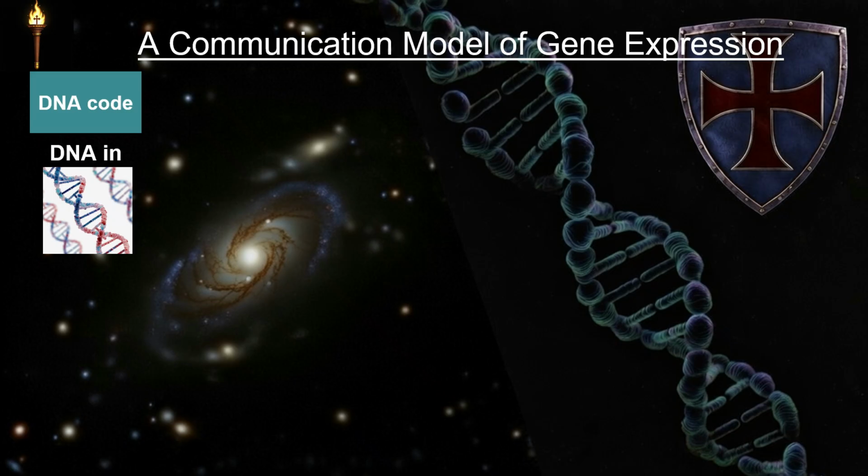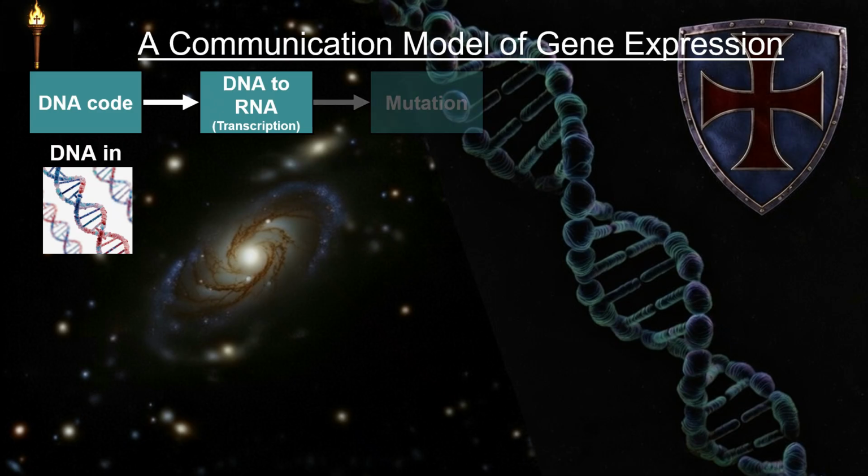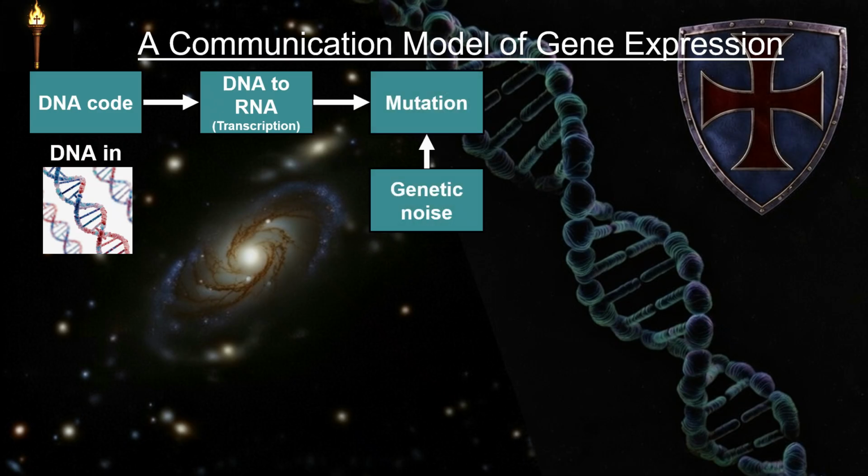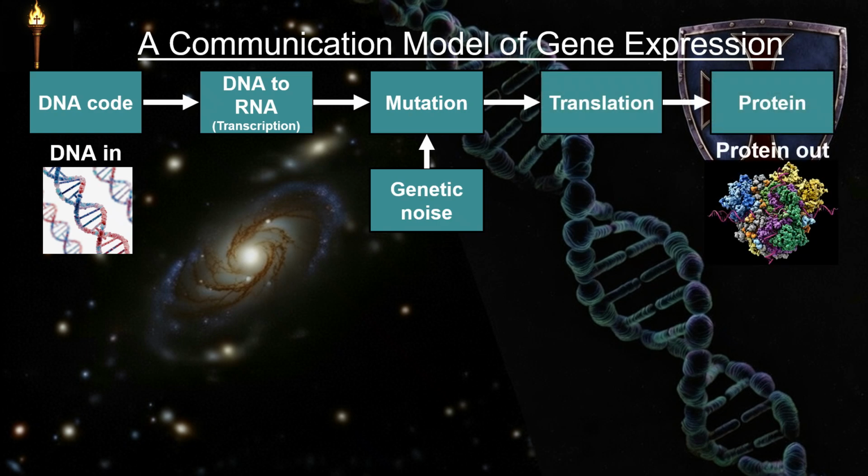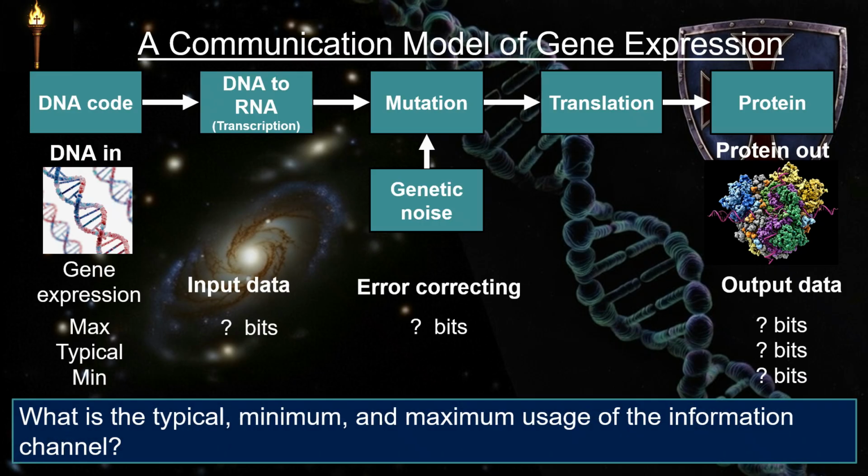So our communication model of gene expression is we have the DNA code, we have transcription converting DNA to mRNA, we have some mutations that occur due to genetic noise, then translation, and out pops a protein. So given our communication model, how much information is involved?